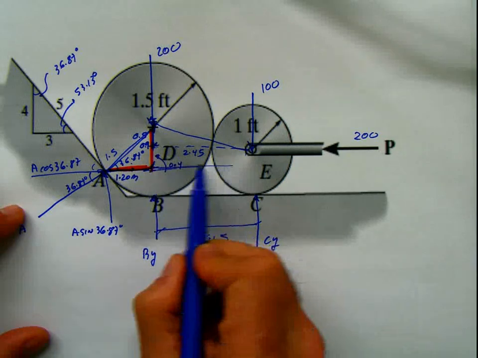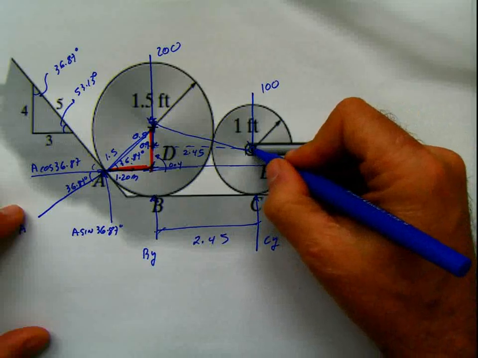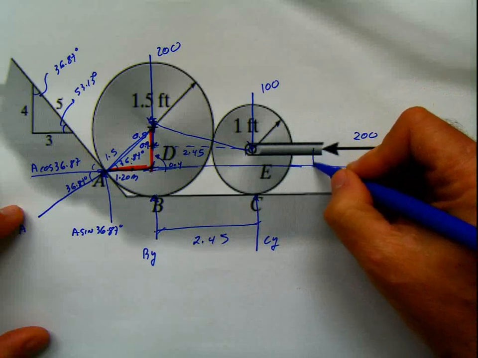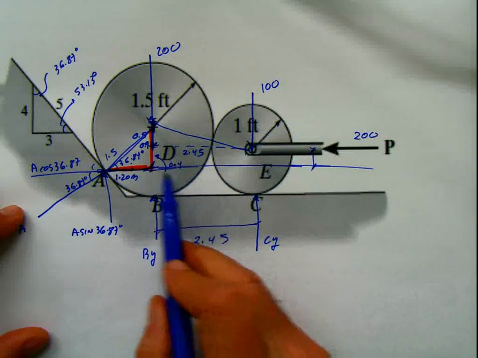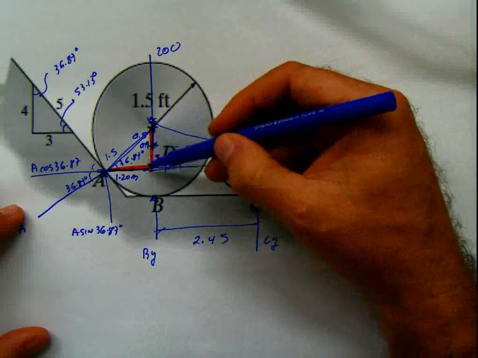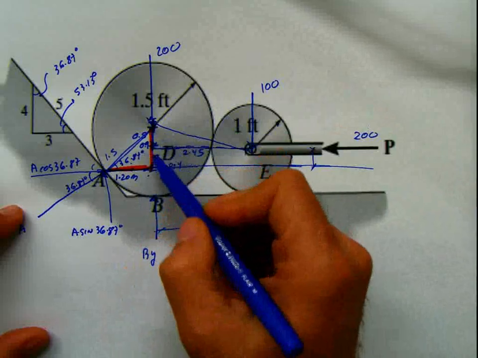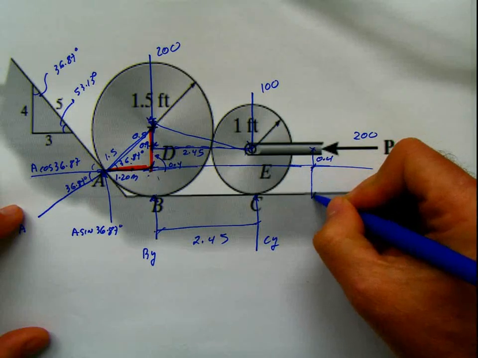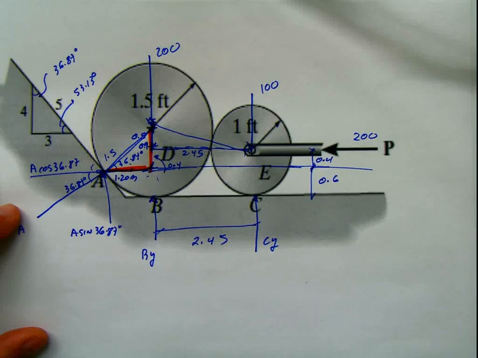Now, if you prolong this line here, the total distance from this point to the base is 1, because that's the radius. And I know this part from here to here is 0.9. This is 0.5, this is 0.4, meaning this distance from here to here, in case I need it, is 0.6. Okay, now we have all the distances that we need.